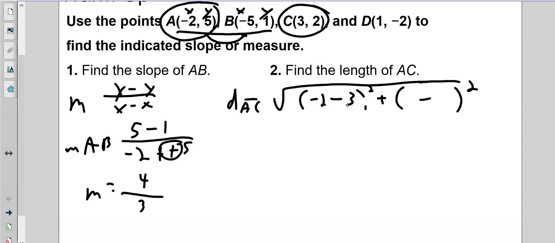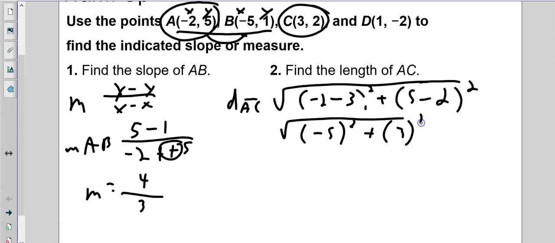So x minus x and y minus y, 5 minus 2. Now what it's going to give me is negative 5 squared plus 3 squared. That gives me 25, remember, negative times negative is a positive, plus 9, so the square root of 34. So that's the distance of AC.